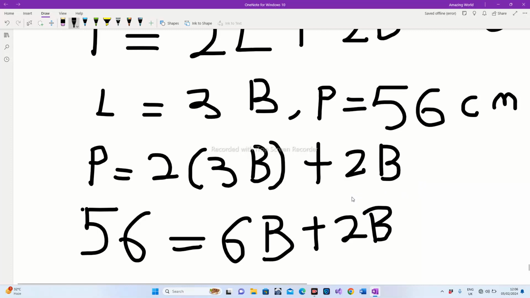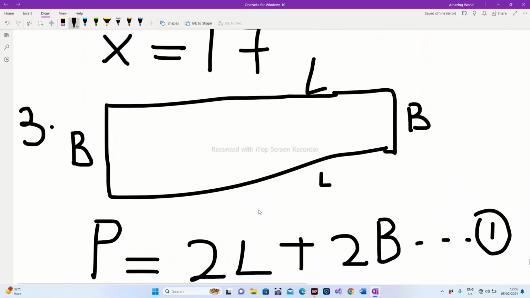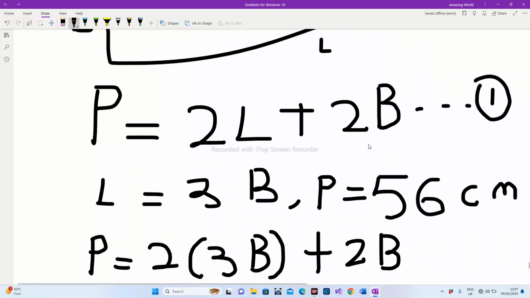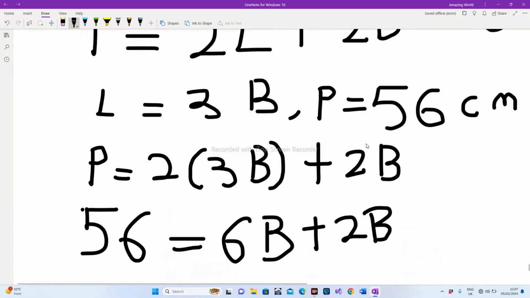I will run through it again quickly. We have a perimeter. I told you that the perimeter of a rectangle is the distance around the rectangle, that is L plus L plus B plus B, that is 2L plus 2B. And in the question we have been given that the length is 3B, that is the length is 3 times the breadth, so that is L equals to 3B, and the P is 56 centimeter.